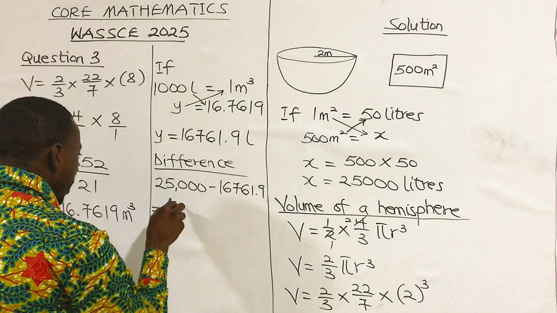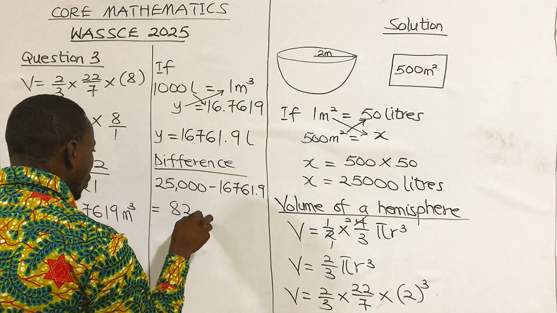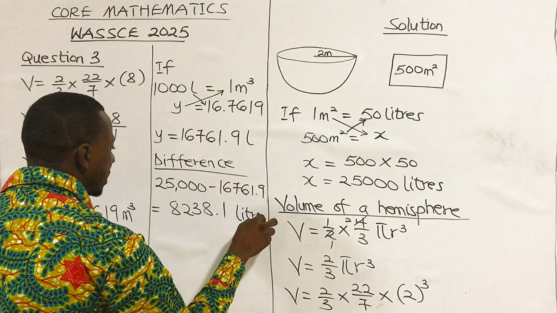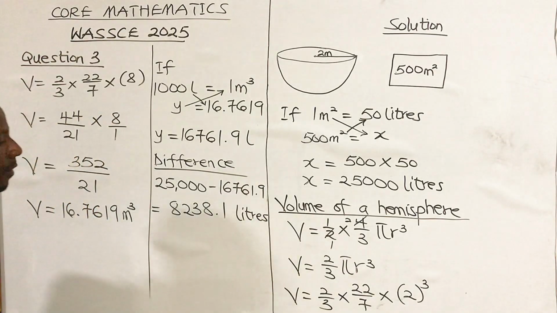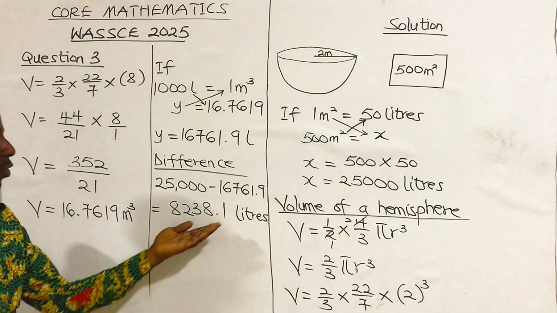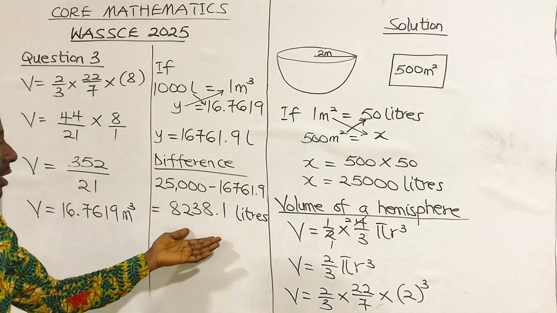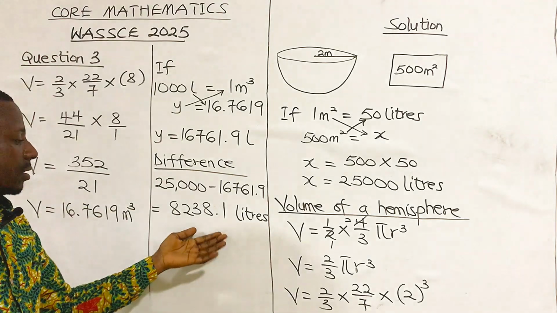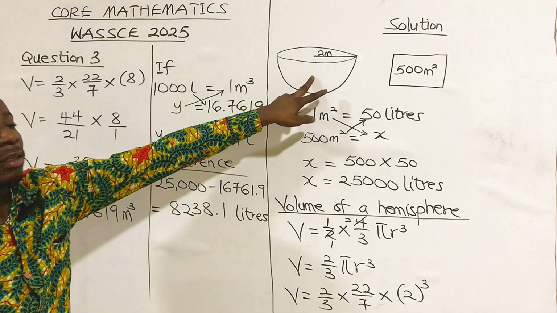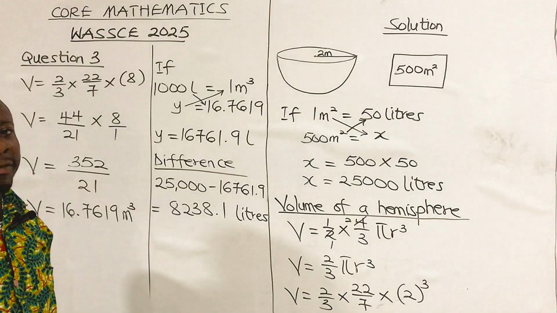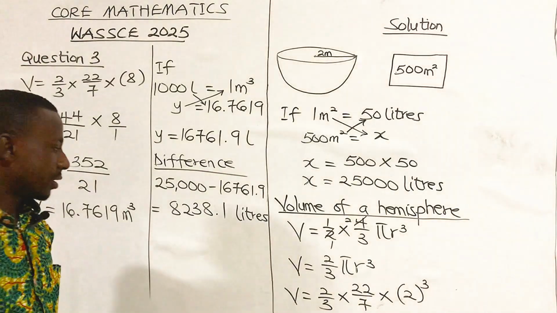So we have 8,238.1 liters. So there should be an additional 8,238.1 liters to be added before we can irrigate the farm fully.